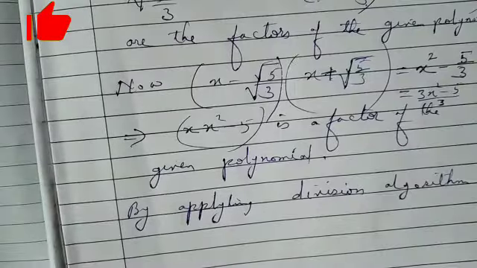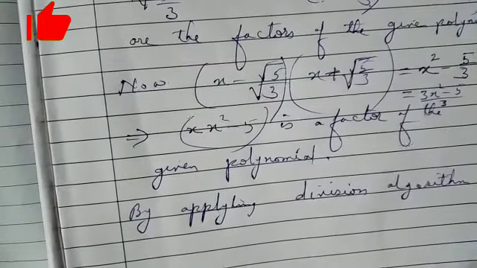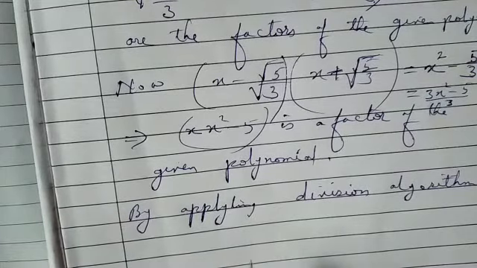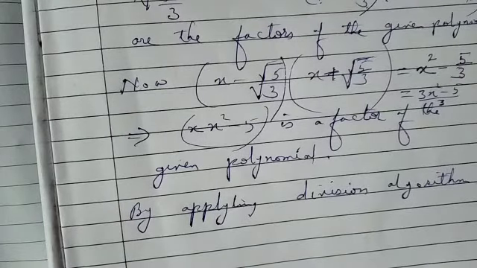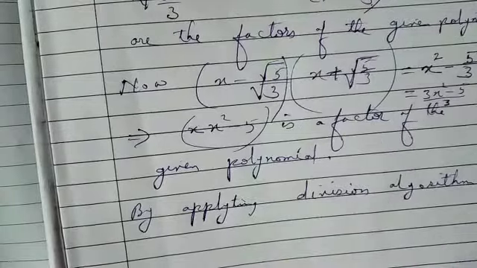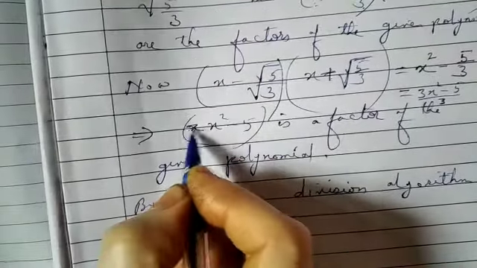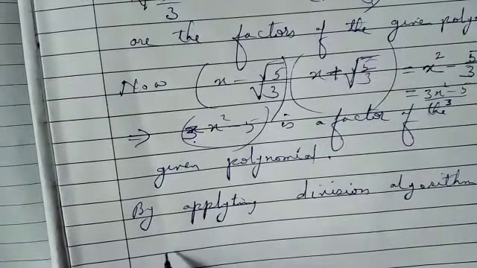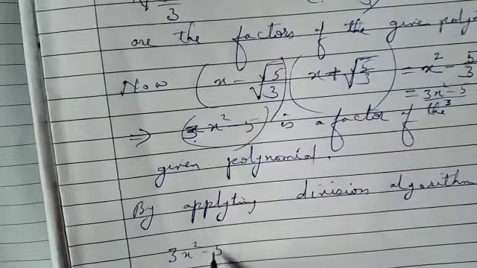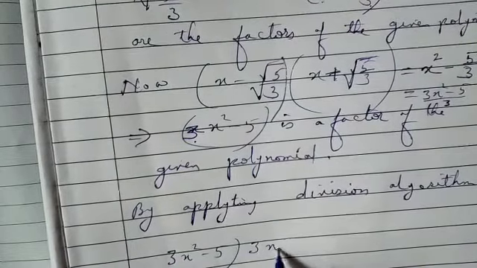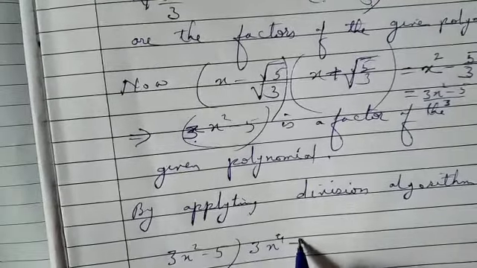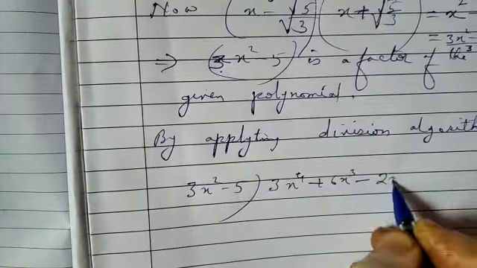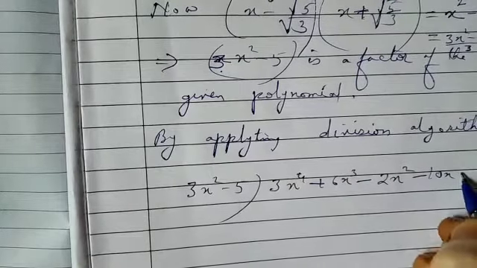We divide the given polynomial, 3x to the power 4 plus 6x cube minus 2x square minus 10x minus 5, by 3x square minus 5.